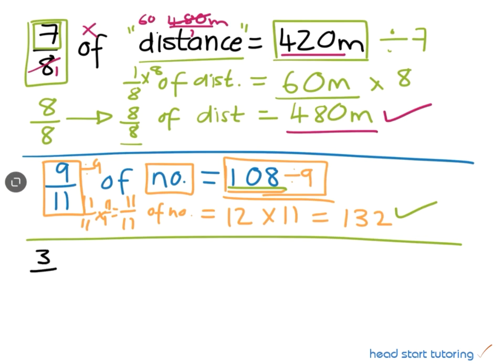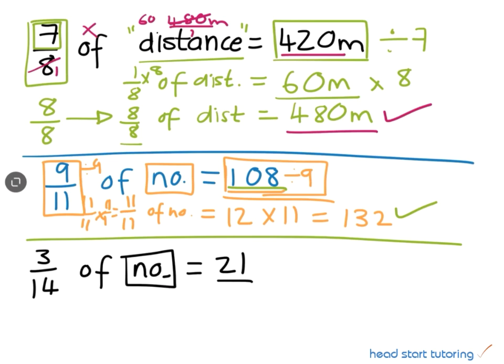If 3/14 of a particular number is equal to 21, what is that number going to be? So we are looking for this number. So we know that we are looking for 14/14. At the moment, we've got 3/14 of that number, which is equal to 21.